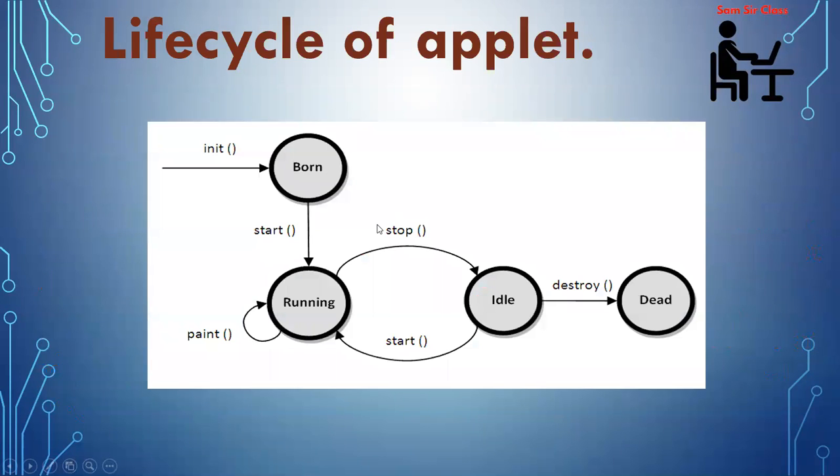Now, coming to the life cycle of applet, I'll give you some real-time examples so that you can relate. Suppose you are opening the page of google.com. That means you are calling the init method for the google.com page. Now that particular page is loaded for yourself on the machine.